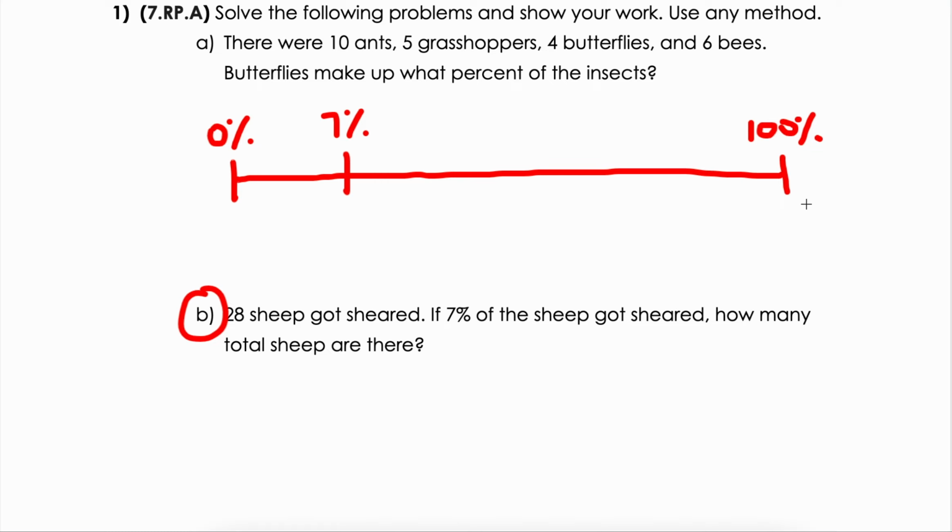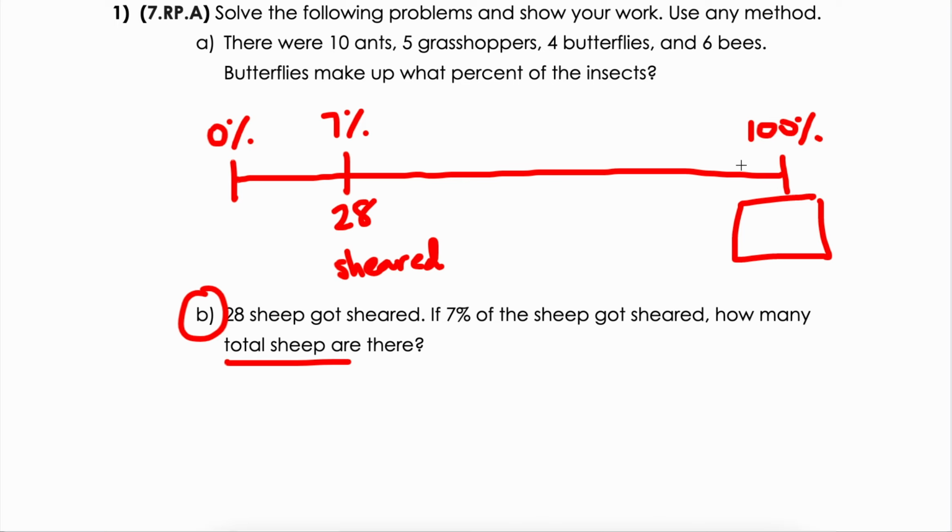I need to figure out my total. That's missing because I don't know the total sheep. They did say that this 7% that got sheared is equal to 28. So I do need to use that information to figure out how I can get to my total.